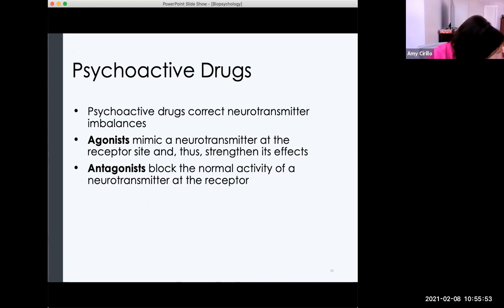So some examples of agonists are opioids, because opioid drugs activate the opioid receptors in the brain, and they result in a full opioid effect. That's why they're so addictive.